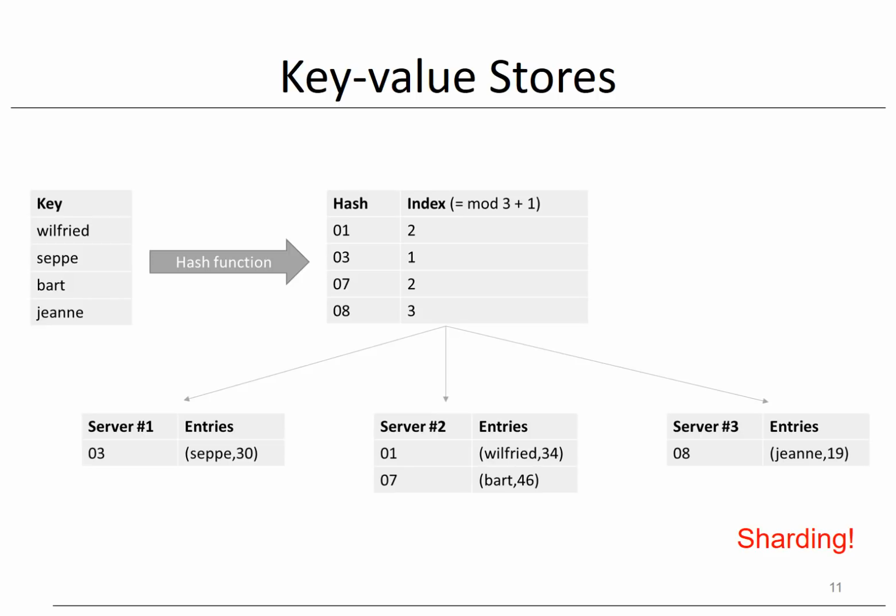This whole operation can be regarded as another hash function, so that every key, Wilfred, SEPA, and so on, is now hashed to a server identifier: server number 2, server number 1, server number 2, and server number 3.